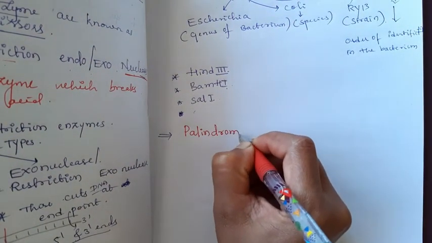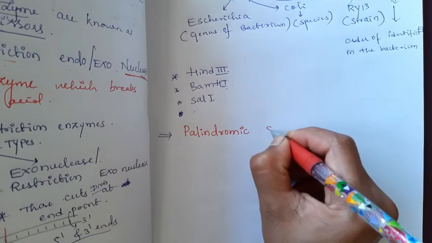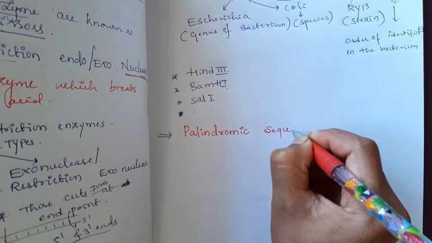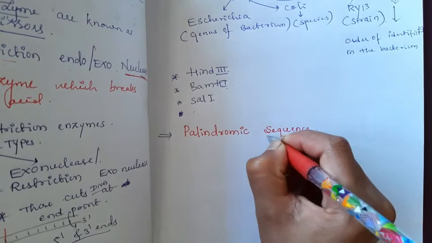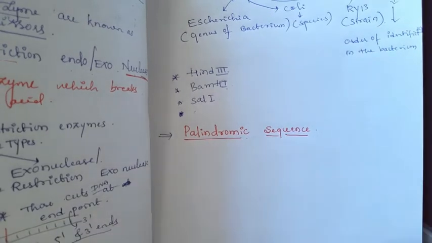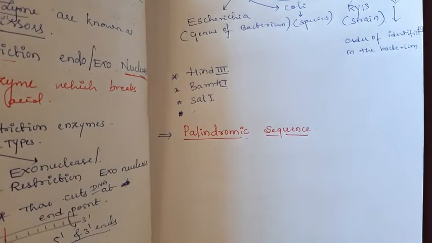In general, palindromic sequences are sequences which we can read from both directions, the forward direction and the backward direction.